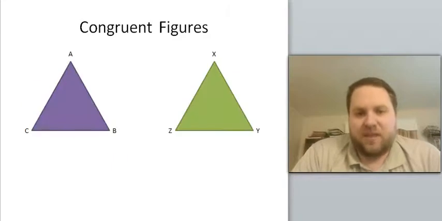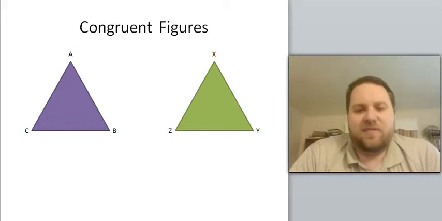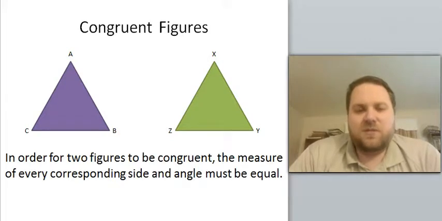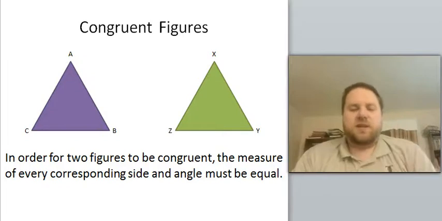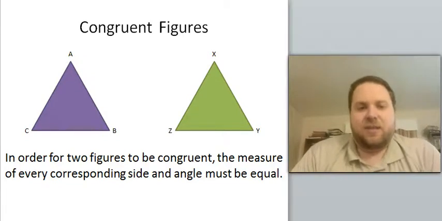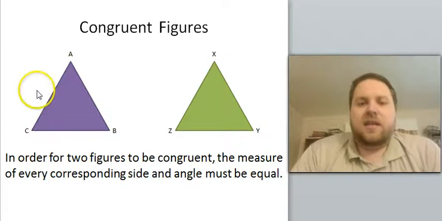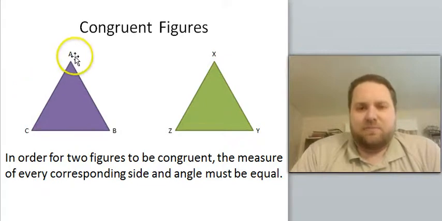Let's look at some different figures. I've got some triangles here for us to look at, and let's look at another part of this. If two figures are congruent, the measure of every single corresponding side and every single corresponding angle is going to be equal. So corresponding just means the parts that line up when you lay them on top of each other. So I've drawn these triangles where they match up nicely.